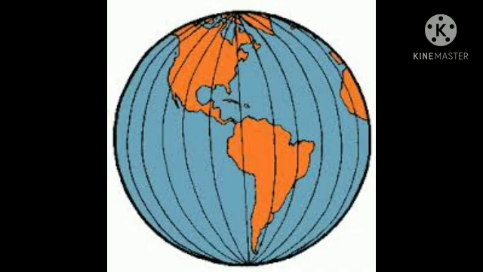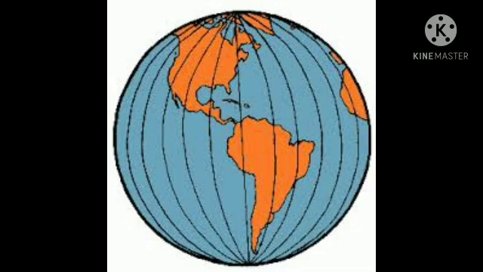Here we are discussing vertical lines. Actually, these are semicircles, known as meridians. These are also called longitudes, the vertical ones. There are 360 meridians in all.